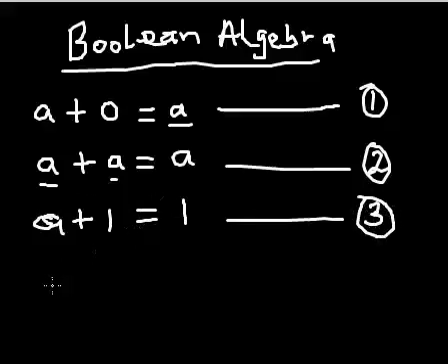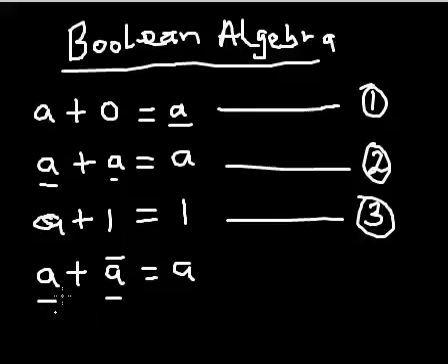Now let's look at this. When you add an input to its inverse, let's say the input is 1, then I add the inverted input, which of course is 0.